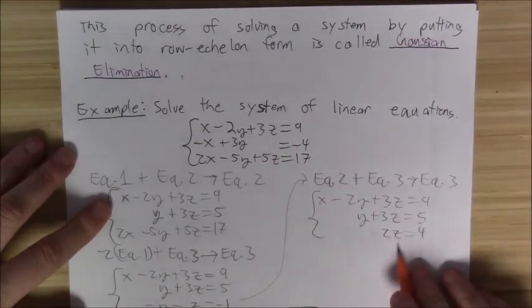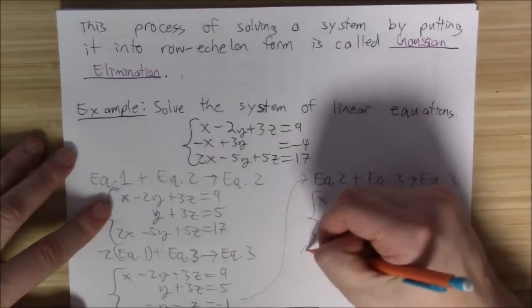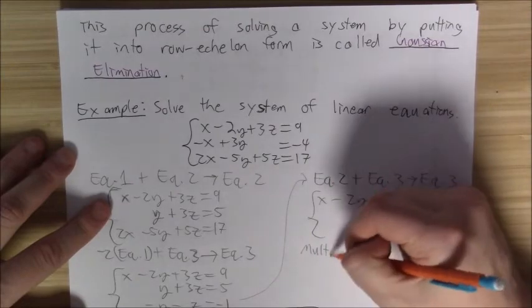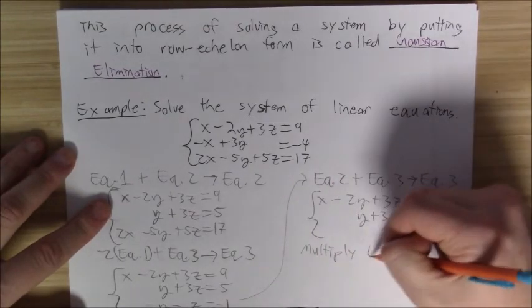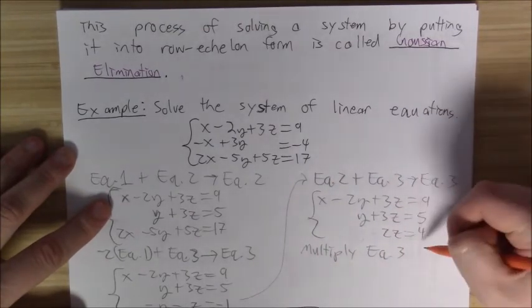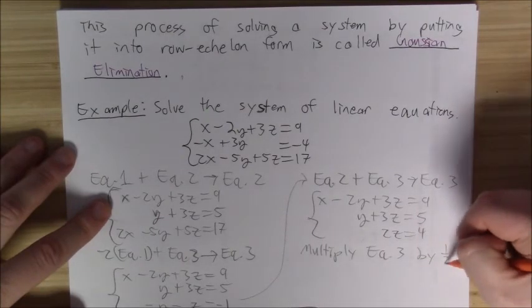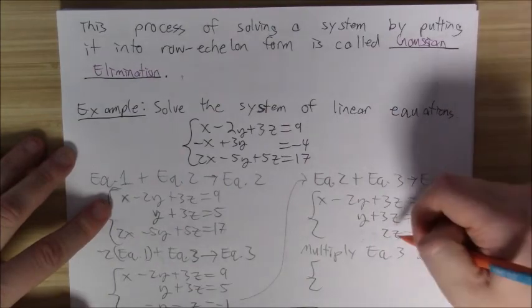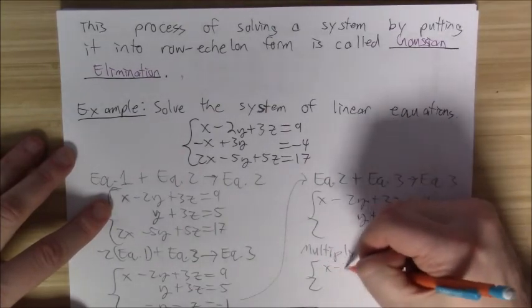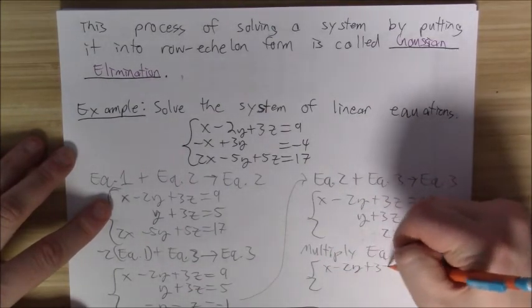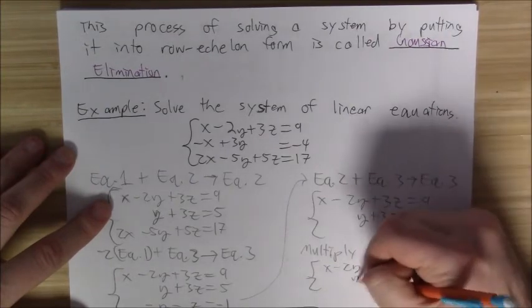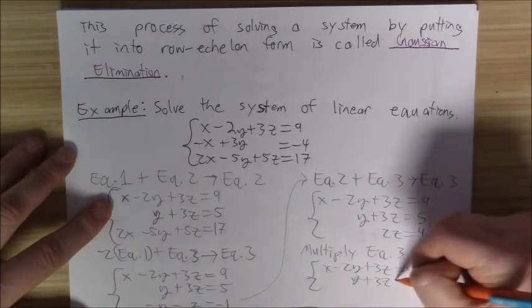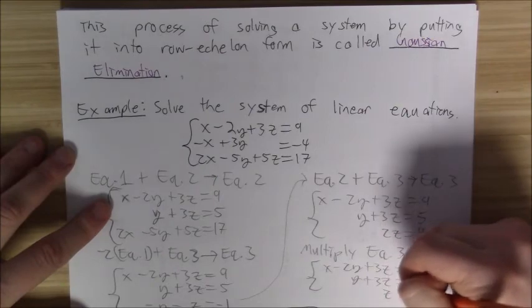as my final step, I'm going to multiply equation 3 by 1/2. In doing so, I end up with the system x minus 2y plus 3z equals 9, y plus 3z equals 5, and z equals 2.